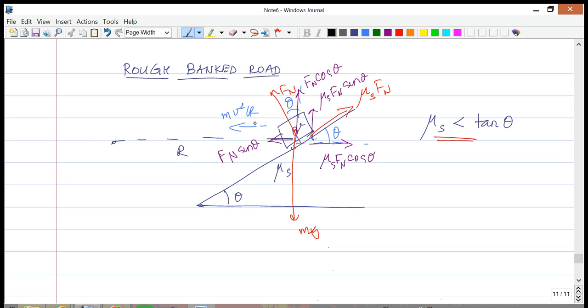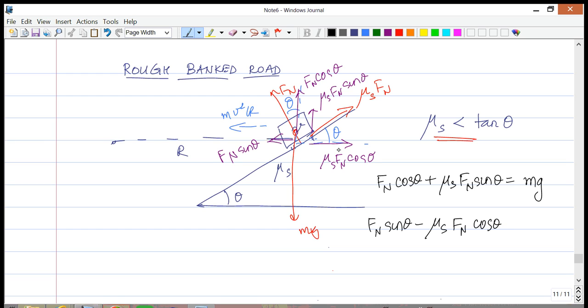Our equations are going to be Fn cosine theta plus mu s Fn sine theta equals mg, and Fn sine theta minus mu s Fn cosine theta equals mv square over r.